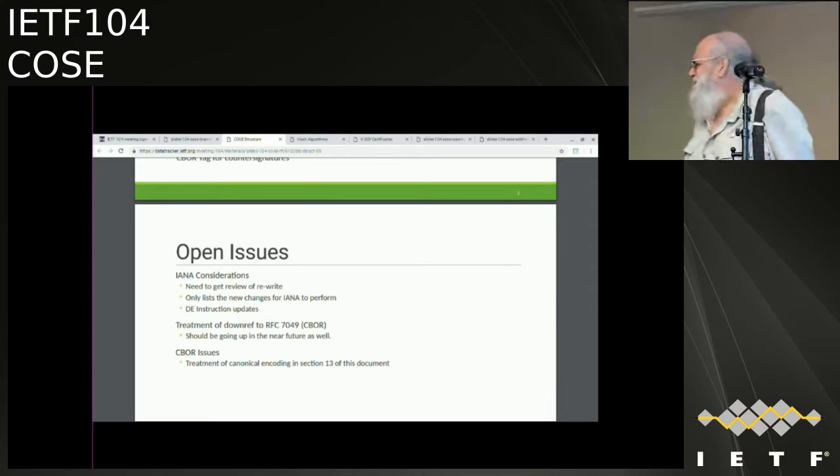I was about to ask if the co-chairs have any thoughts on this they'd like to share. What's the milestone? The milestone was October 2018 for that document, just for your information.